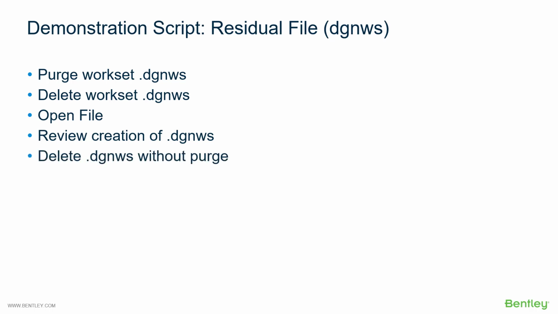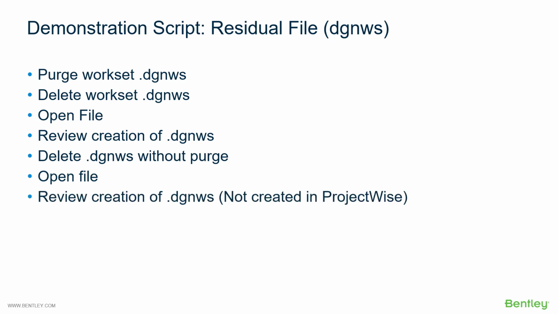We'll delete the DGNWS without the purge, open the file again, review the creation of the DGNWS, and see how when there's a DGNWS residing in the DMS folder, ProjectWise does not create a new DGNWS as a document record. It thinks that the DGNWS still exists and doesn't create a new one.